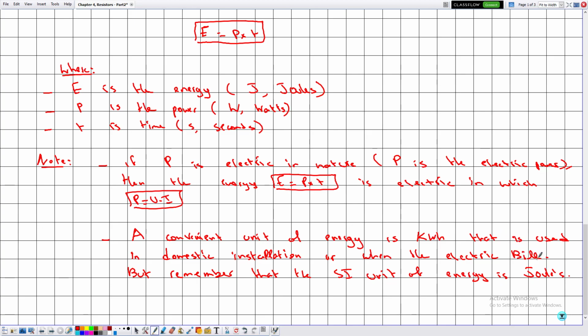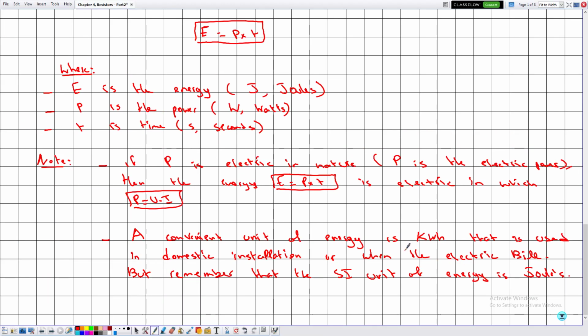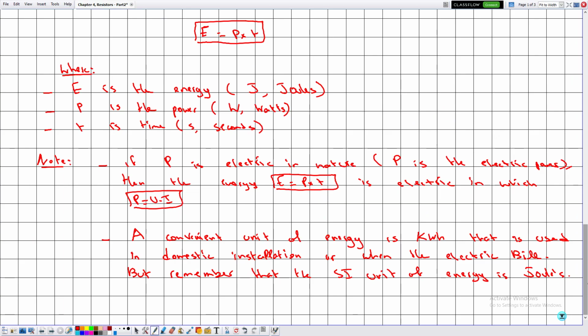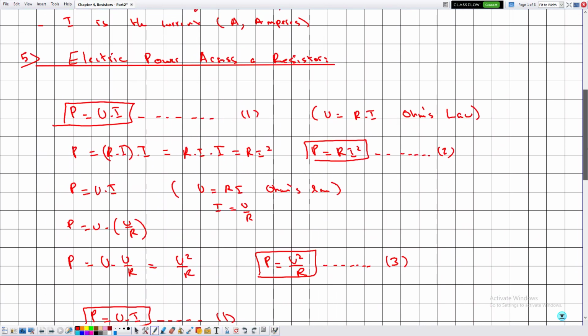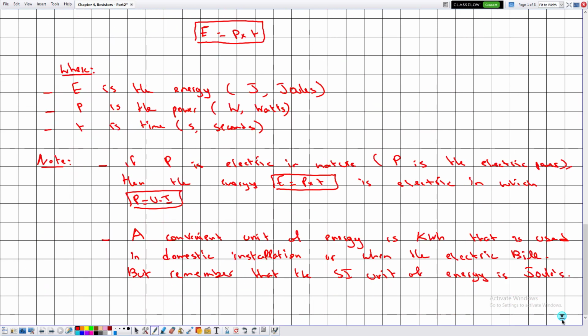So in grade 9 we have used kilowatt hour as a convenient unit of energy whenever we are calculating energy over a long period of time. But whenever we are interested in a small electric circuit, one may consider the unit of energy which is given by joules. Okay, so this we have seen in grade 9.